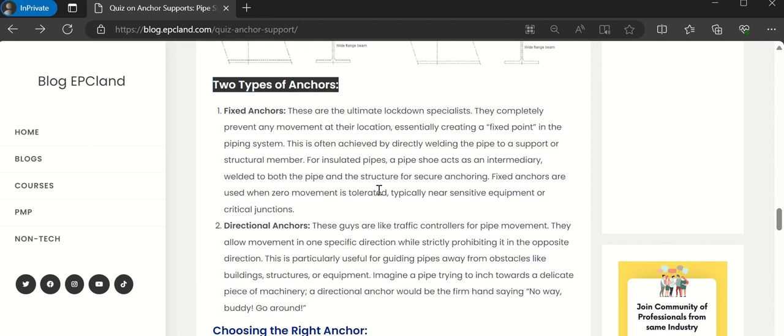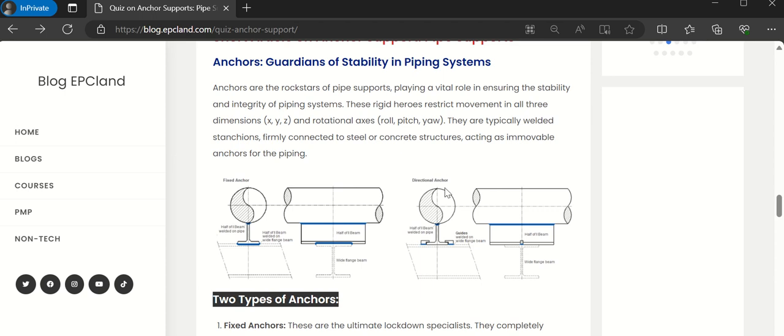At the same time, there is a directional anchor also, where this is not welded here, this is welded here only at this point, and this guide support is welded on the beam itself, right? But it is not welded with the shoe.